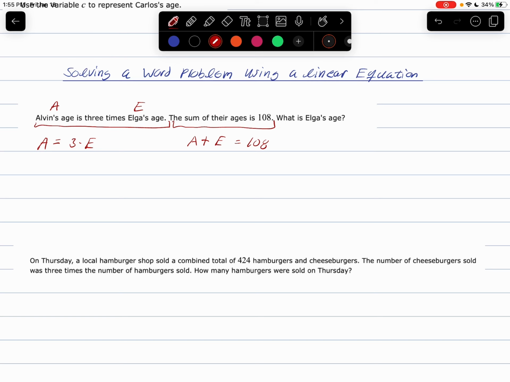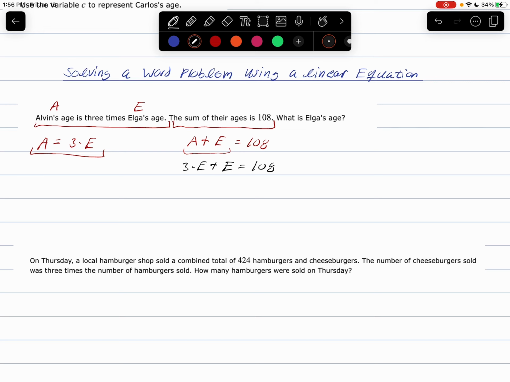What we're going to do here is use this equation and see if we can do a substitution into this equation here. We know that A is actually equal to 3 times E. So if we take A is equal to 3 times E, we can rewrite A plus E equals 108 as 3 times E plus E is equal to 108.